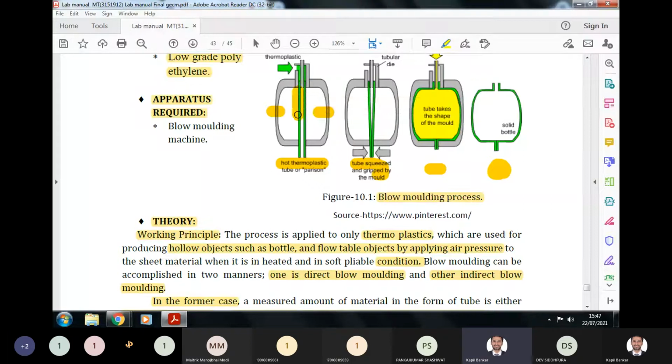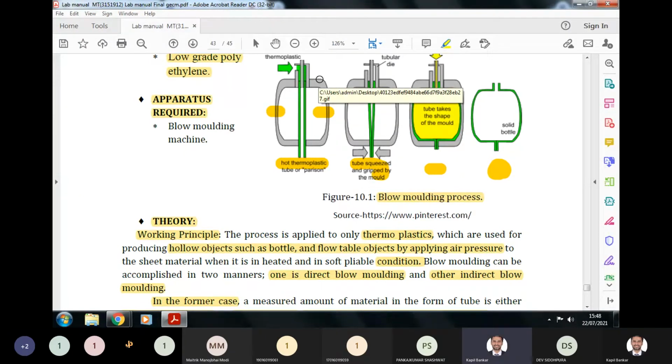This is the tube, it is coming from the top side, and this is a hollow tube. When plastic is heated in the extruder, from that extruder one tube-type heated plastic pipe is inserted in the cavity.